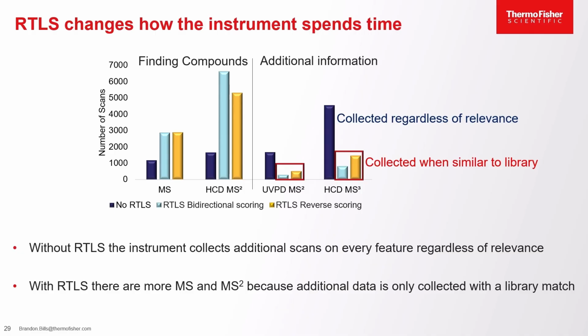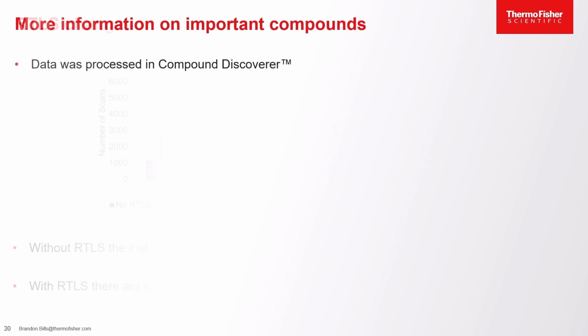So we've seen how it changes how the instrument spends its time and how that changes the data. Let's now look at how that changes the final results. To do this, we process the data in Compound Discoverer looking for a few key metrics. Was data-dependent MS2 collected? Were there one or more known indole fragments?